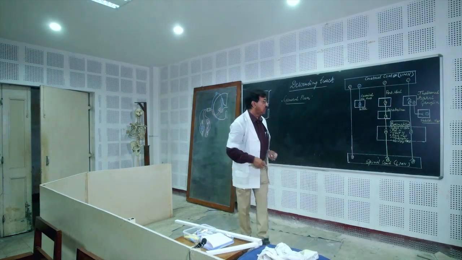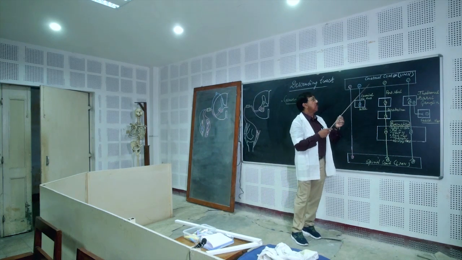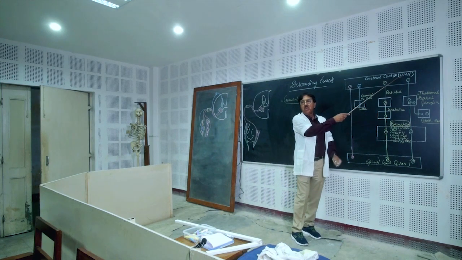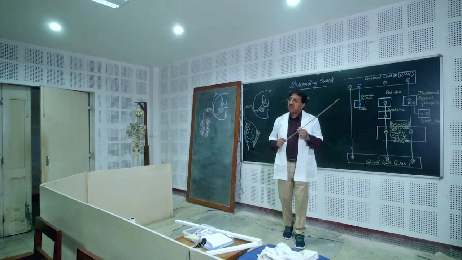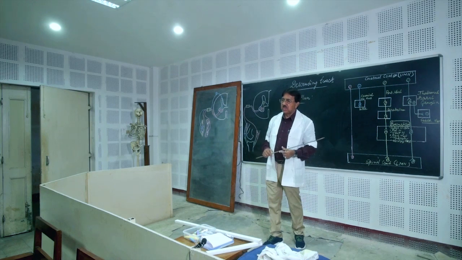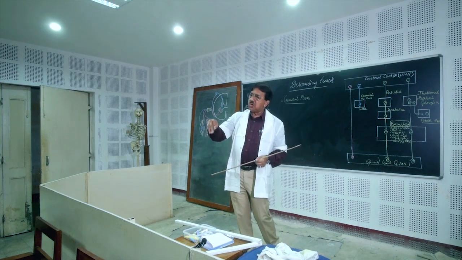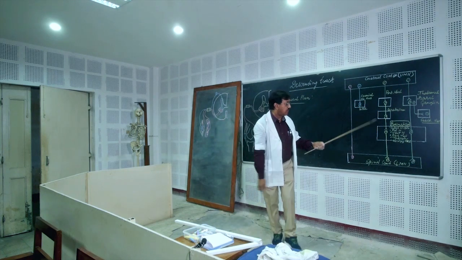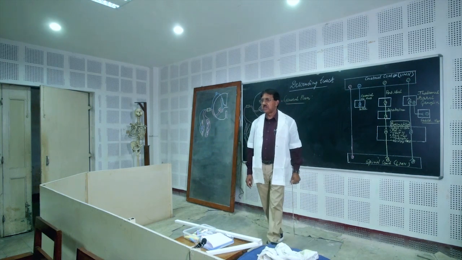All of these are at the higher level, upper level, which are known as upper motor neuron. Next, it projects into the motor neurons of the spinal cord, which in that reference is known as the lower motor neuron.